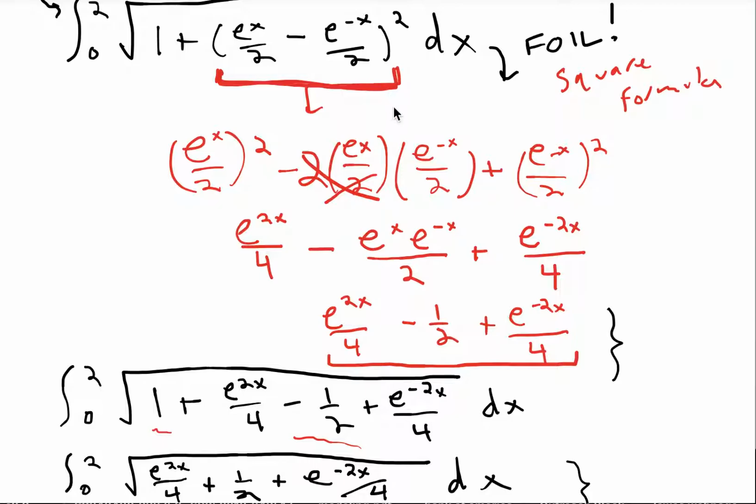A way to think about this is that this little triplet really looked like some sort of a minus b quantity squared. This was why my middle term comes out negative. What I'm treating as a here is e to the x over 2, and what I'm treating as b is e to the minus x over 2.